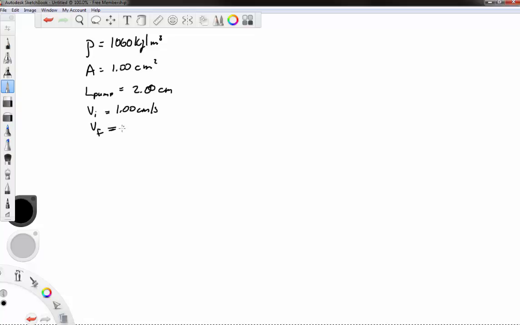Finally, it needs to leave at twice this speed. And you can only put a current of 1.00 milliamps through the blood. So I is equal to 1.00 milliamps. The question is, how much magnetic field strength do we need?